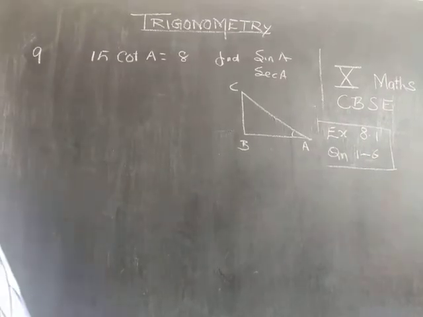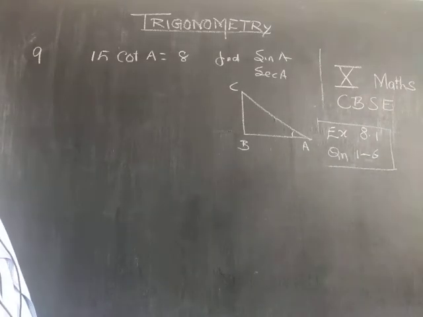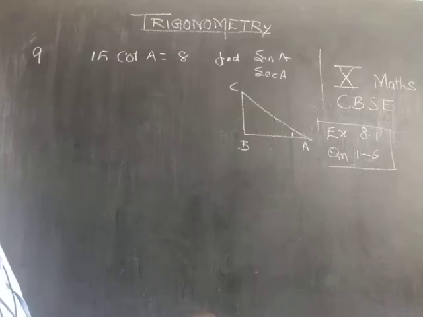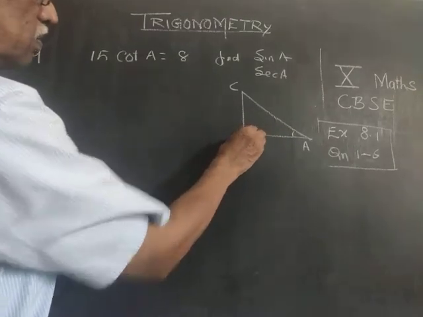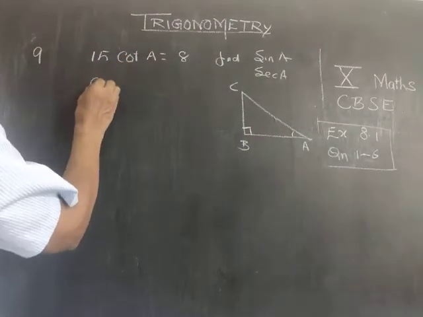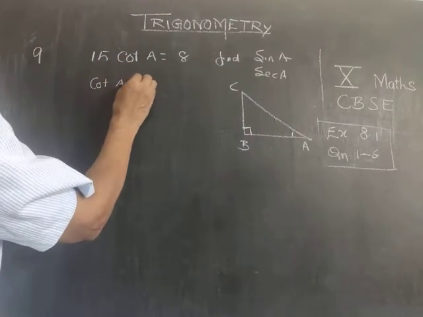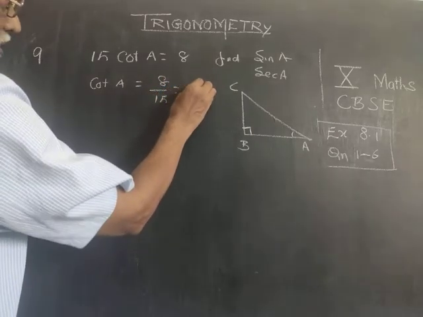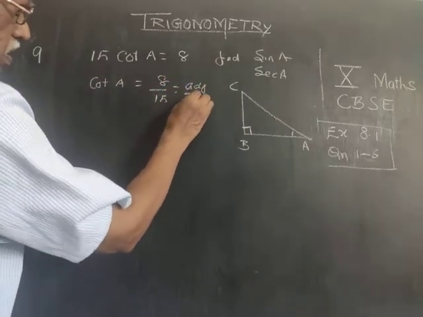Question number 9. 15 cot A equal to 8. Find the value of sin A and secant A. Draw a triangle. Mark somewhere A other than the right angle, either here or here. From here I can say cot A equal to 8 by 15. What is cot A? Adjacent side by opposite.